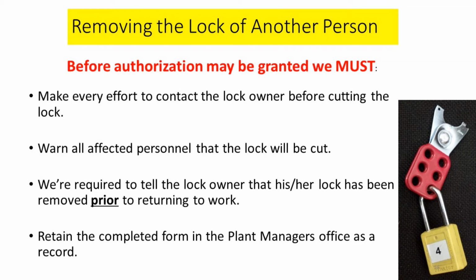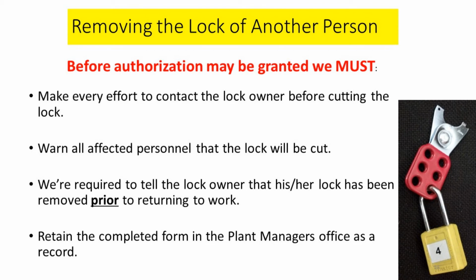Under normal circumstances, we must not remove the lock supplied by another person. Now, OSHA does make some concessions regarding lock removal, and we have to be very careful to avoid making critical mistakes. For that reason, only people directly authorized by supervisors or plant managers may remove the lock of another person. Before this authorization may be granted, we must first make every effort to contact the lock owner before cutting the lock off.